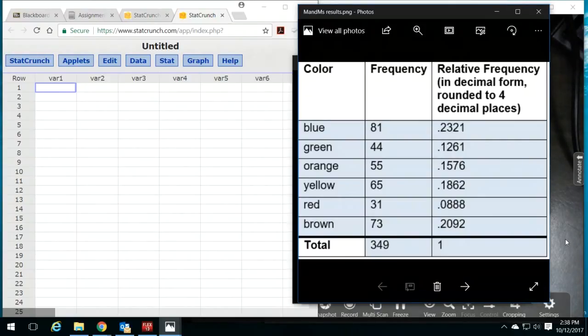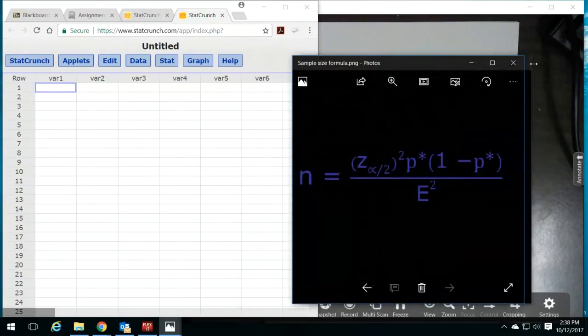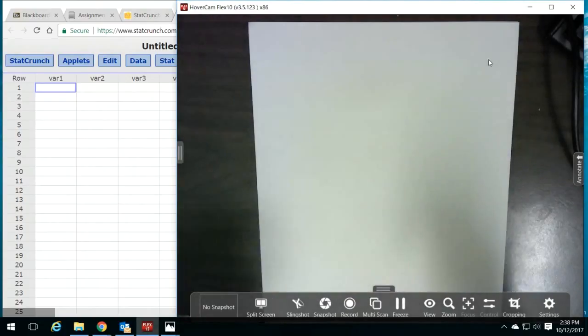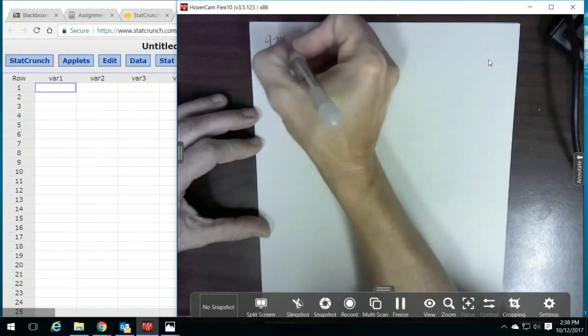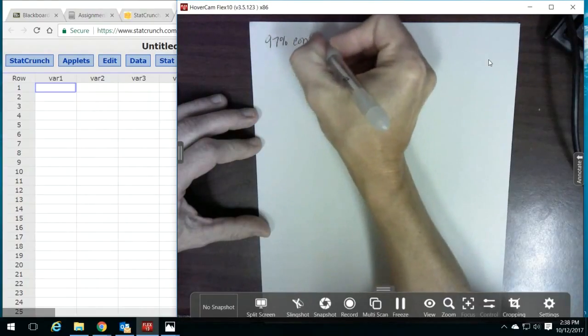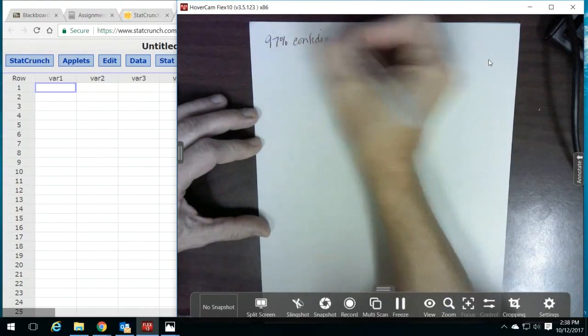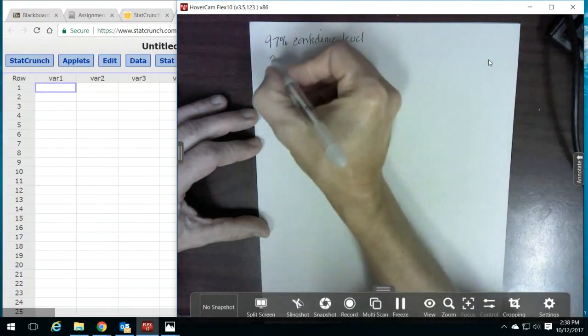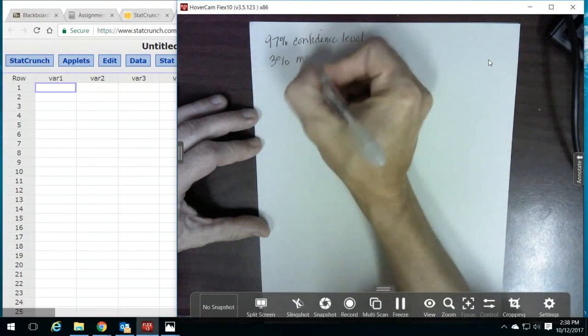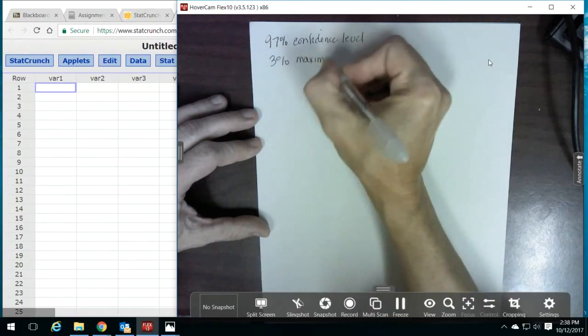And I decided to make an initial choice of using a 97% confidence level and a 3% maximum margin of error.